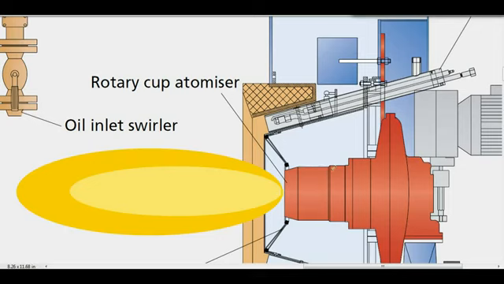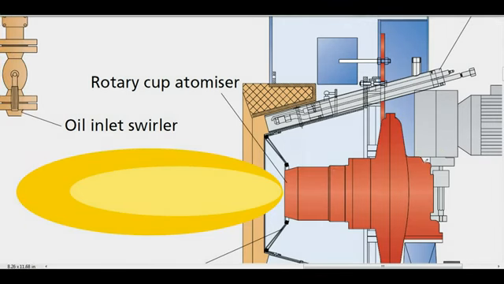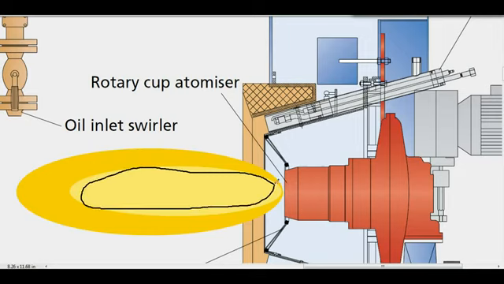So let's now understand what the primary air and secondary air are doing. The primary air comes through the burner and then with a high velocity forces the fuel particles and creates some mist over here, thus forming the primary flame.